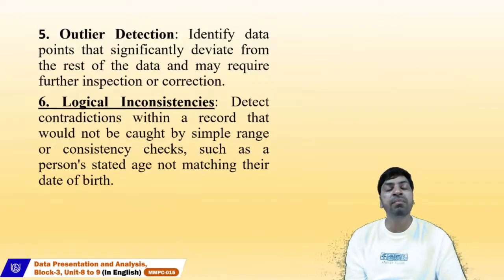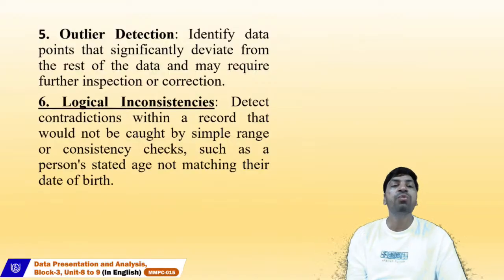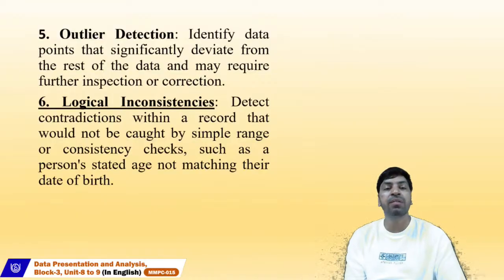So when we talk about data editing, it detects contradictions within the record in the data set, which could not be easily caught by a simple range or consistency check. It is very important to consider as a central editing focus, and it could be done through verification of past records, or consistency checking would be a better option to detect the contradiction within the records.